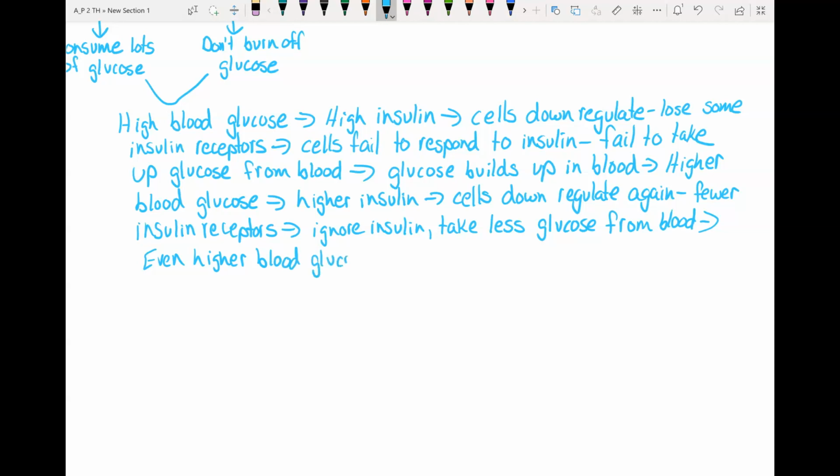And what happens when you have even higher blood glucose? You get even higher insulin. And then what do cells do? As insulin gets higher, they lose more receptors.